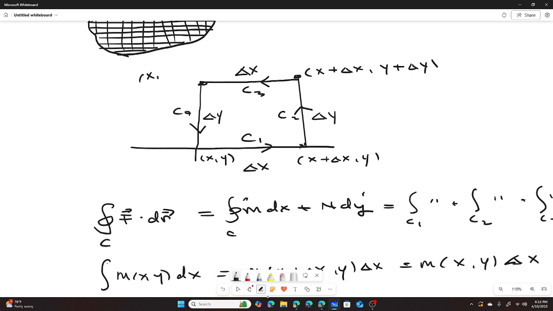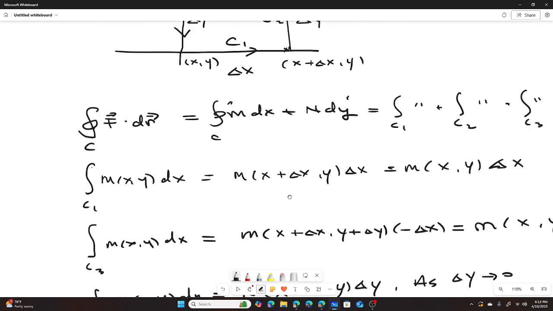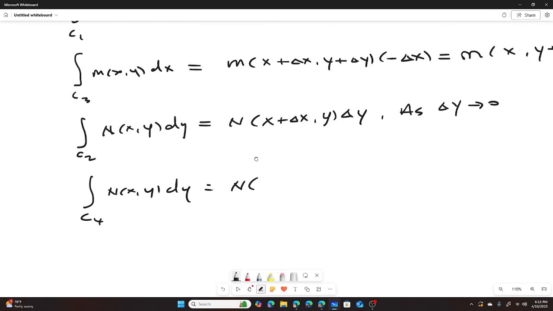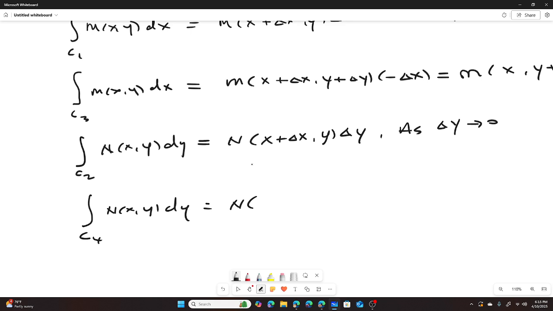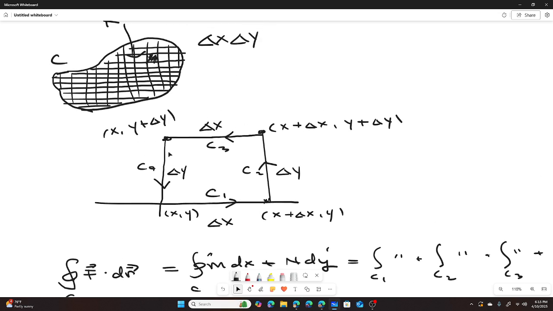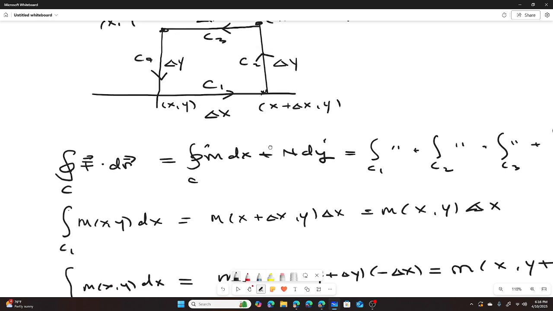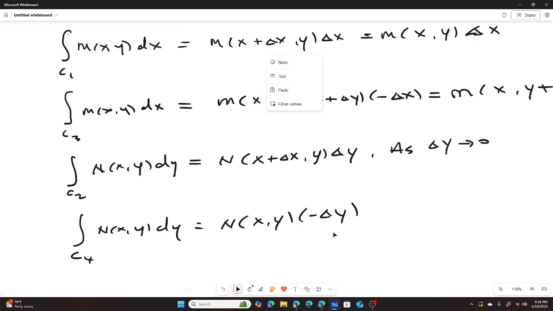So this is going to be y delta y. As delta y approaches 0, this is going to be n of x, y, times negative delta y, because it's going down in orientation. C2 is going up in orientation, so it's positive. C4 is going down, so it's negative orientation. So this is what we have.